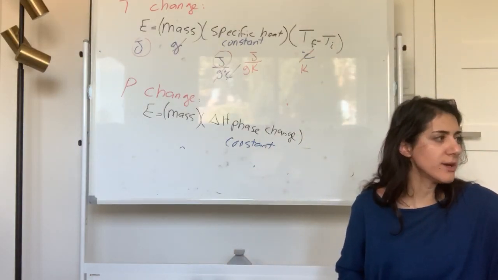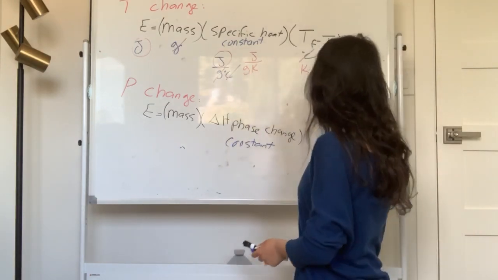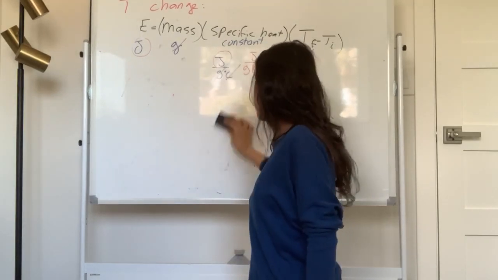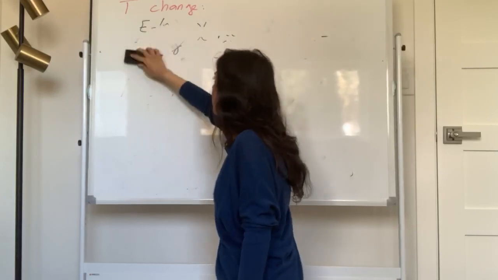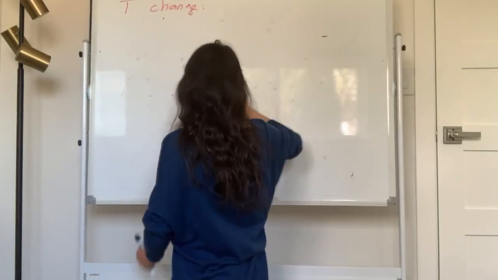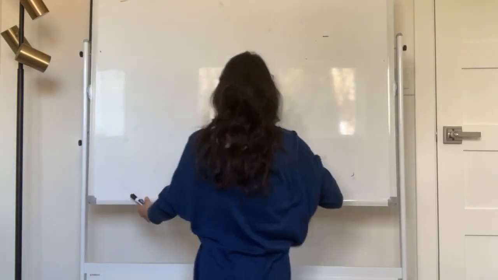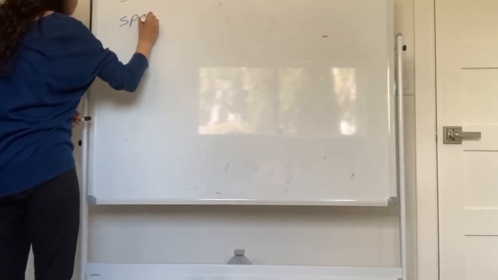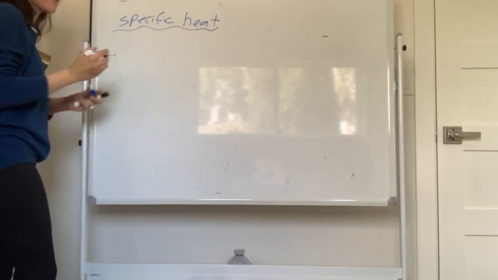Now, what I'm going to do is go over the temperature change equation and talk about what specific heat is. What is specific heat? It is a constant. But what does that constant mean?